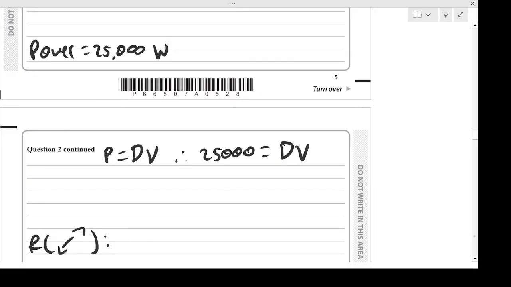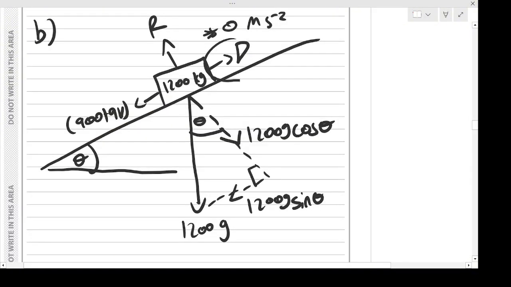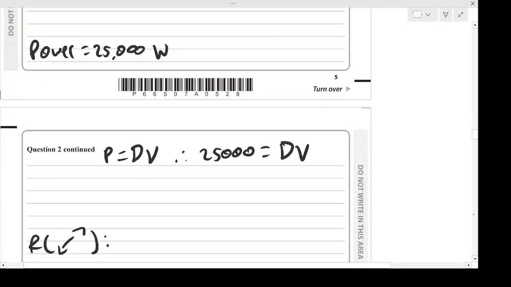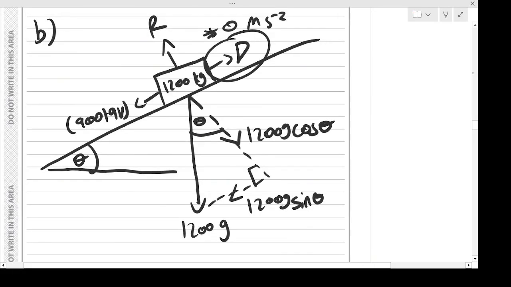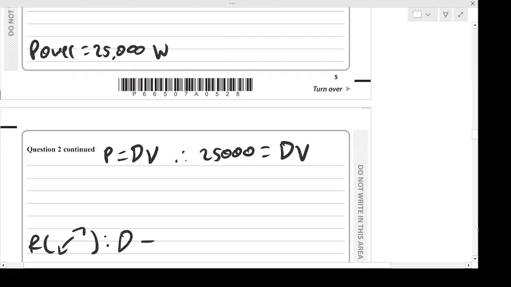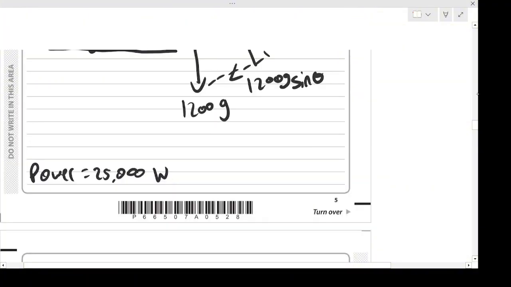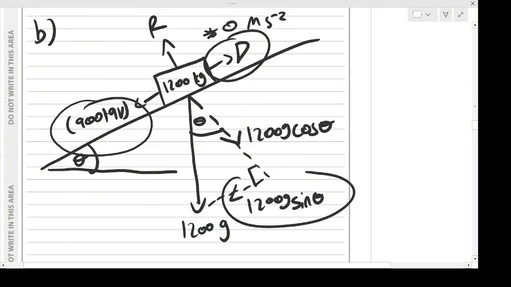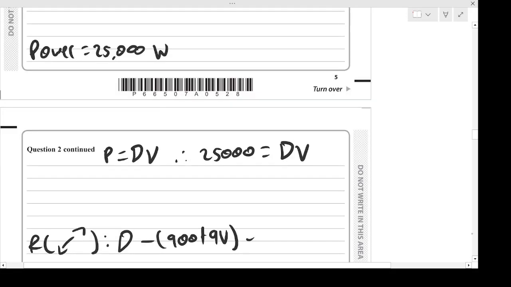So we go up and down the ramp, while the force up the ramp is going to be D. And then the forces acting down, well, it's going to be this 909V, but also the weight component here, 1200 G sine theta. And that's going to equal 0, right, because acceleration is 0.